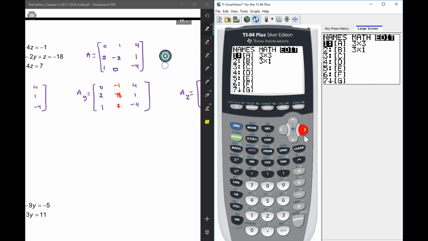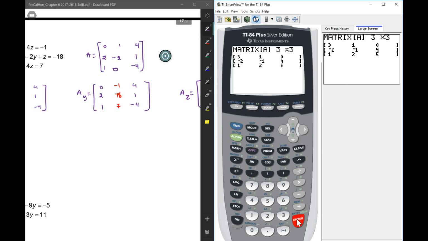All right, second matrix. We're going to edit that first one. It's a 3 by 3. So let me put in my matrix: 0, 1, 4, 2, minus 2, 1, 1, 0, 0, minus 4.